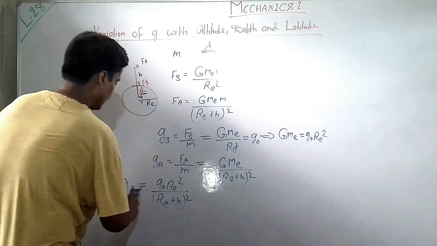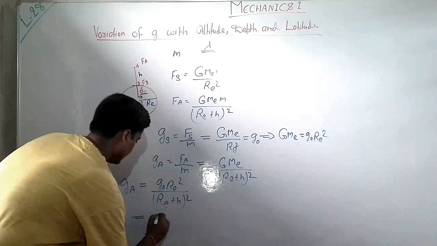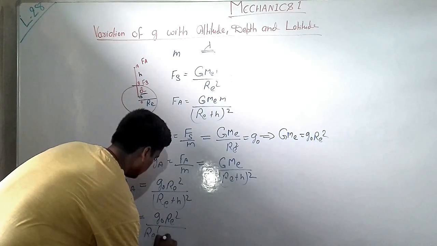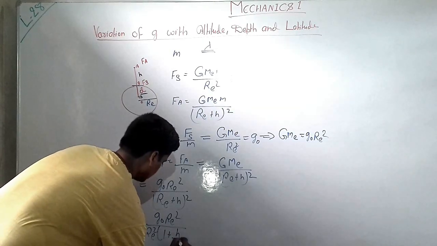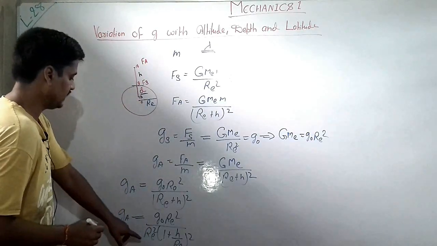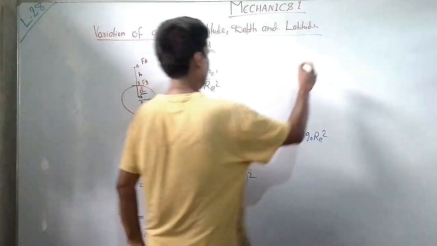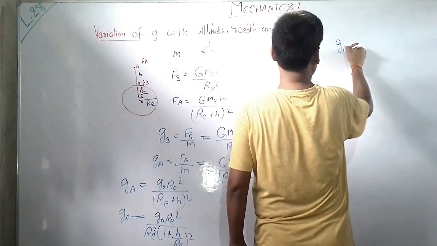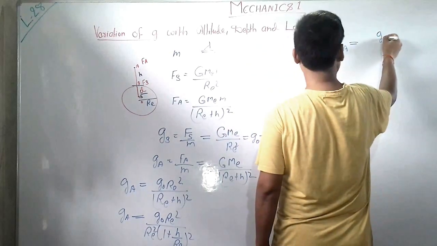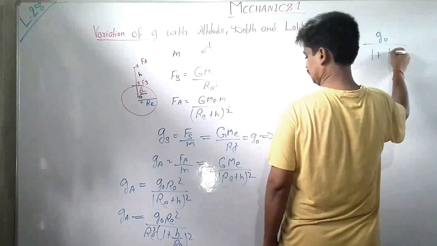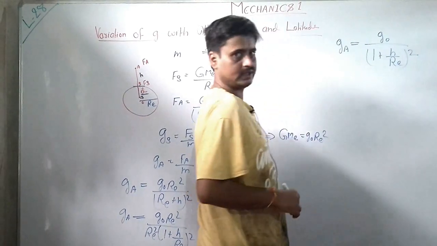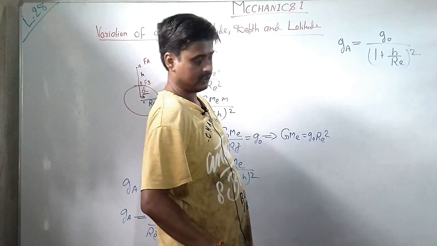Now we can take R_e out of this bracket and we will get R_e square times (1 plus h over R_e) square. Now we can cancel R_e square from numerator and denominator, and this is the equation we will get.